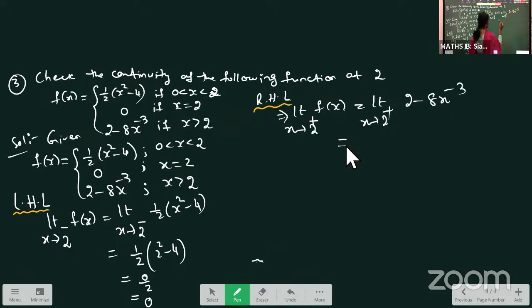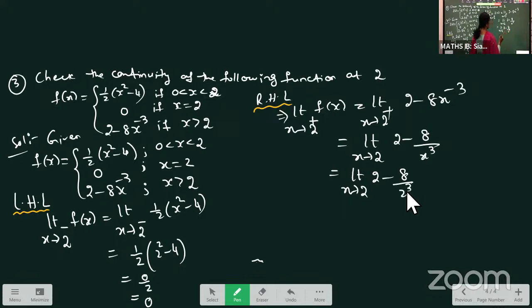So now substitute. One more step will simplify. Limit x tends to 2, 2 minus 8 x to the power minus 3, write it in the denominator. It is x cube. Now, limit x tends to 2. Wherever x is there, put 2. It is 2 cube.